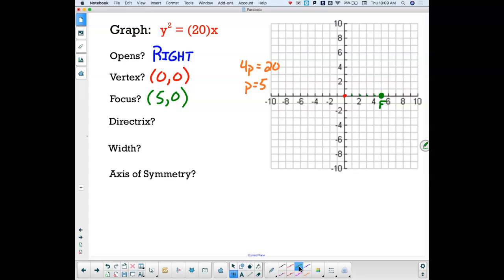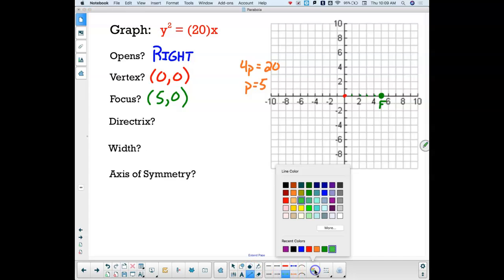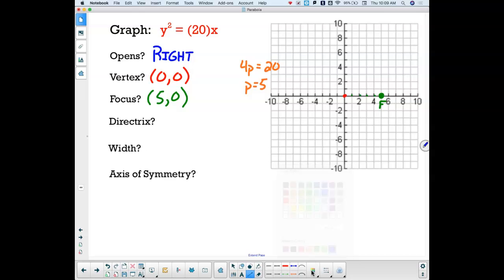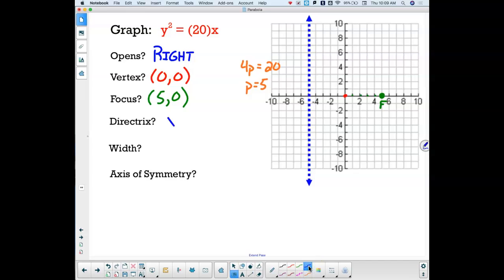I can also find the directrix by going 5 to the left. Vertical lines are x equals, so this one would be x equals -5.